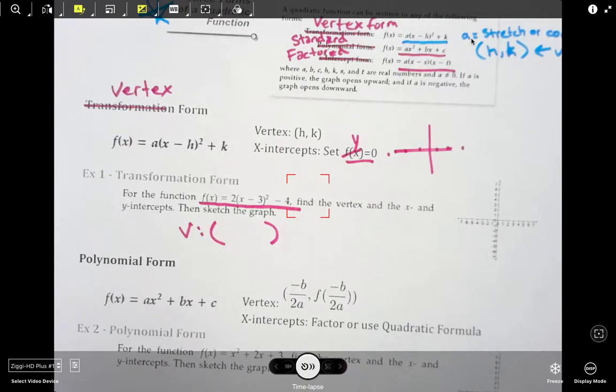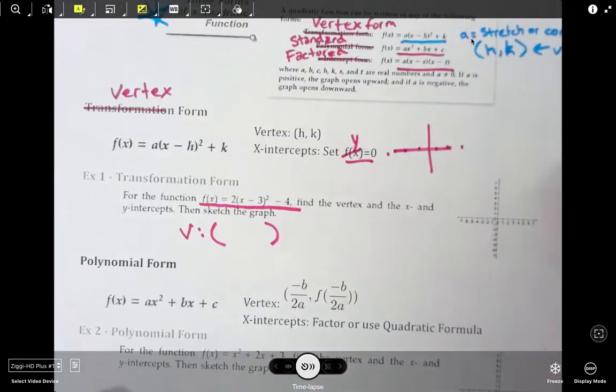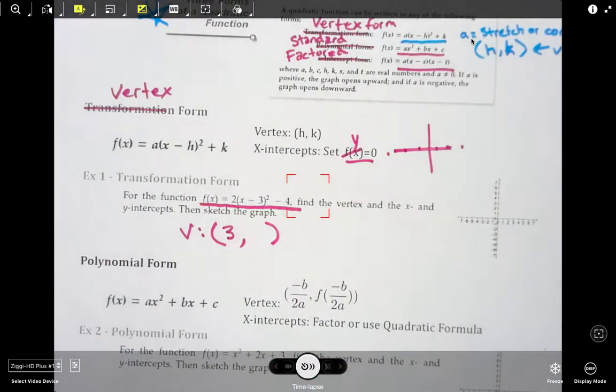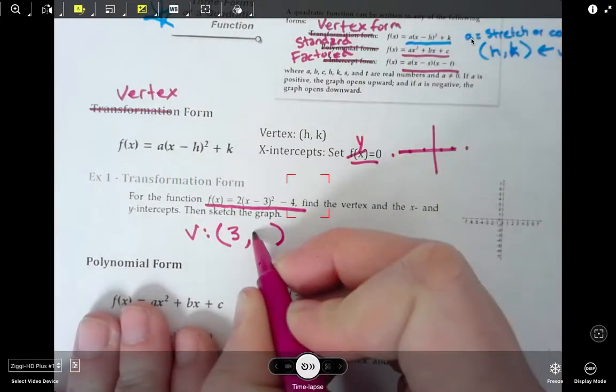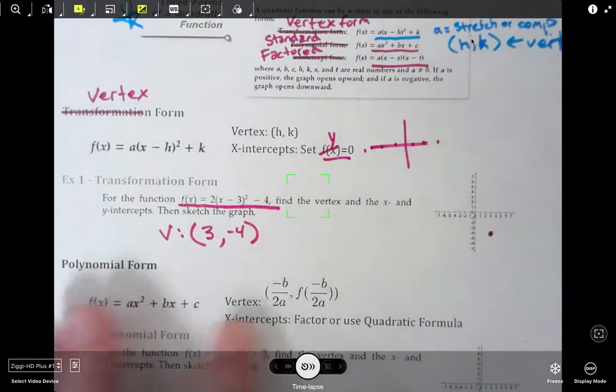It is actually 3. It is 3 because up here in the formula, it's minus h. Okay? So if there's already a negative there, he's a positive 3. We did this in algebra. And what's the k value? Is that one negative 4 or positive 4? That one you don't change the sign. It's negative 4. So I'm going to plot (3, negative 4). This guy right here. Okay?